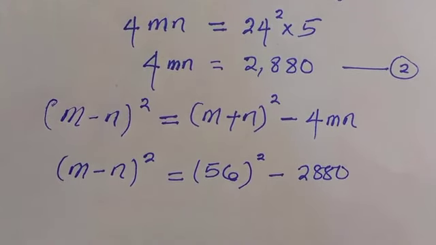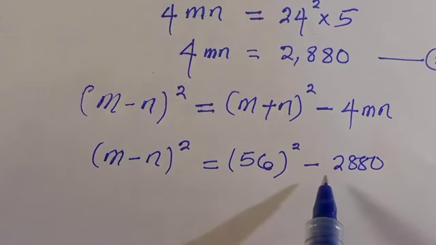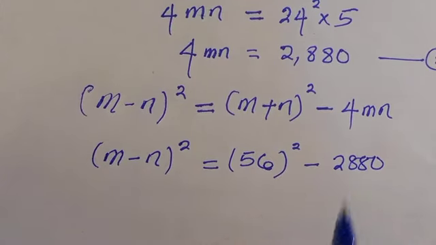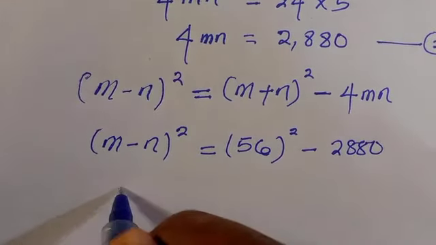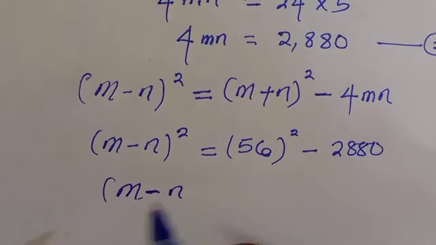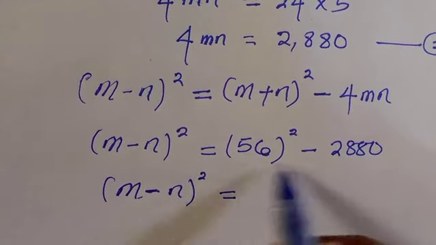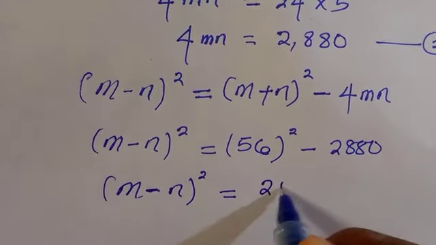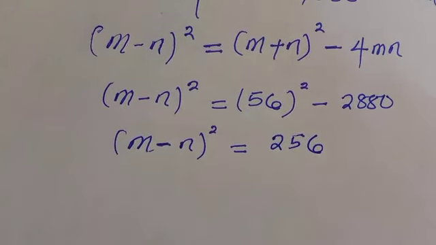When we take 56 squared and subtract 2880 from it, we get m minus n all squared equals 256.